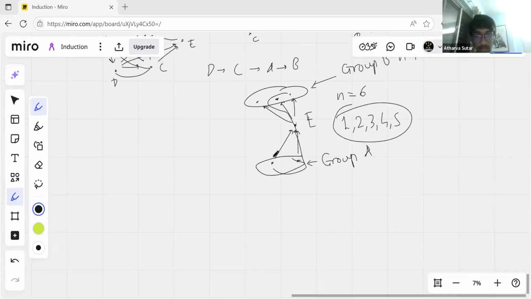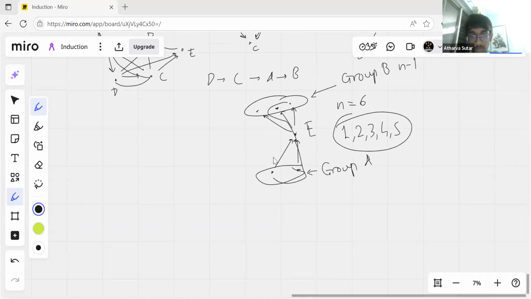A path is like you can travel through every single city. What do you mean if the path is going from E to A?